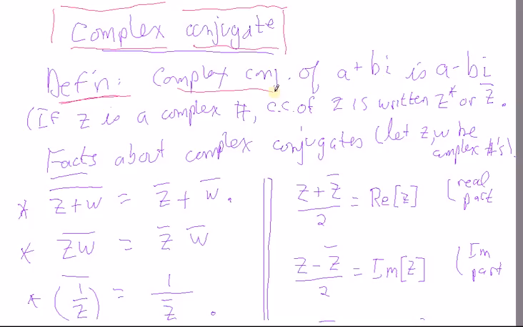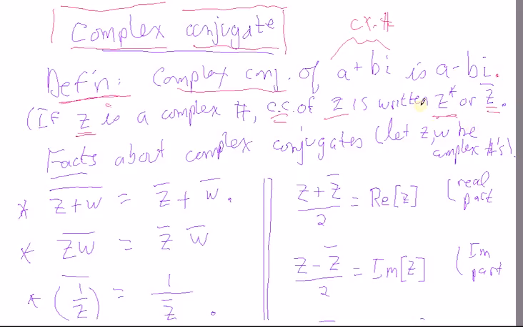Complex conjugate of the complex number a plus bi, that's a complex number, is a minus bi. Okay. Sometimes we write the complex number as a single letter, like z. So if z is a complex number, then the complex conjugate of z is written as either z star or z bar.